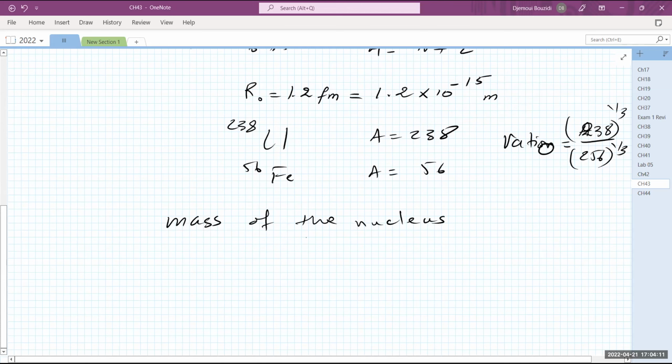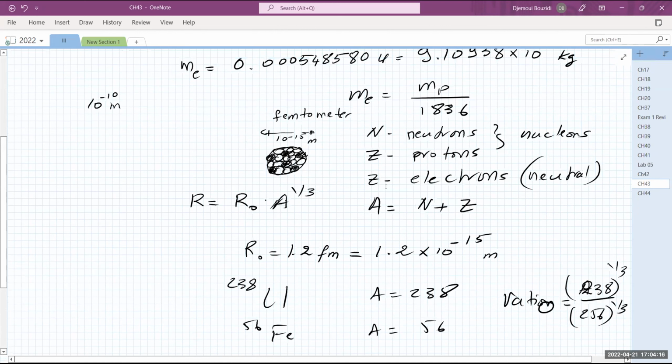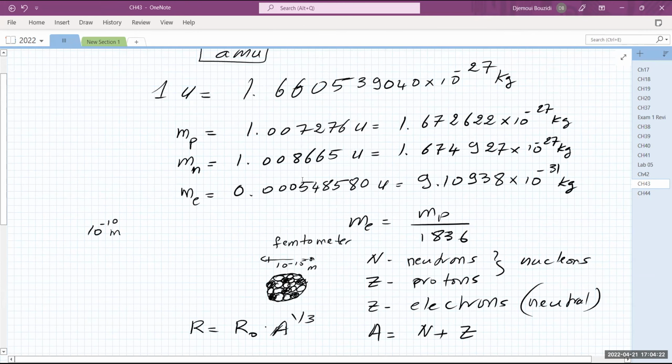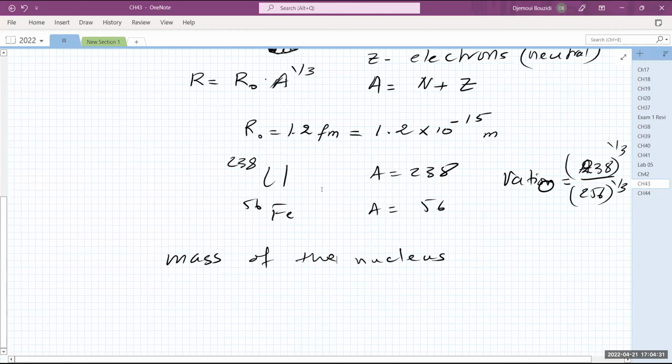Obviously, the more nucleons you put in, that means you're increasing A somehow, either adding more N's or adding more Z's, but both of them are almost the same mass, okay? So the density should stay the same. Let me see why that is.